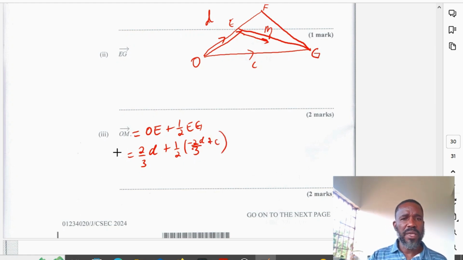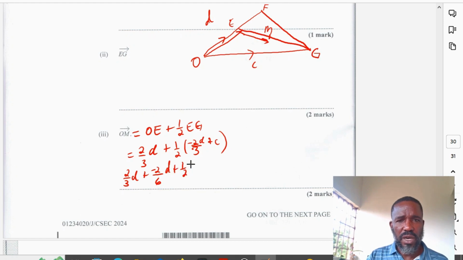Okay, so this is the same as 2/3 d plus half times 2/3 d, which is going to be the same as negative 2 over 6 d plus half of c. So what we are doing, we are expanding our brackets here, okay, using the distributive law.